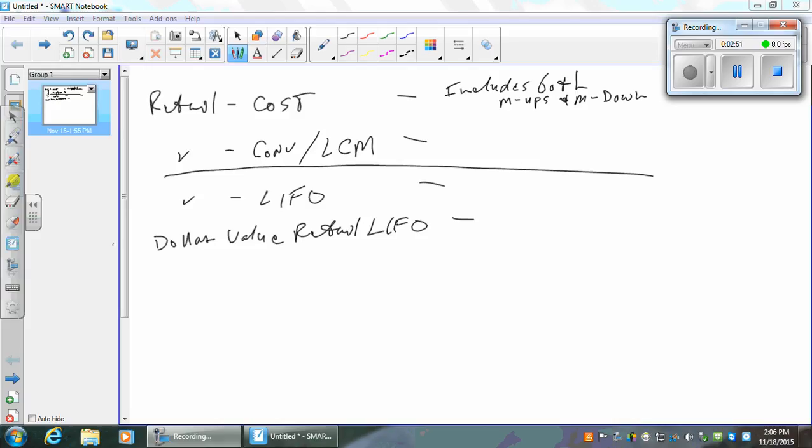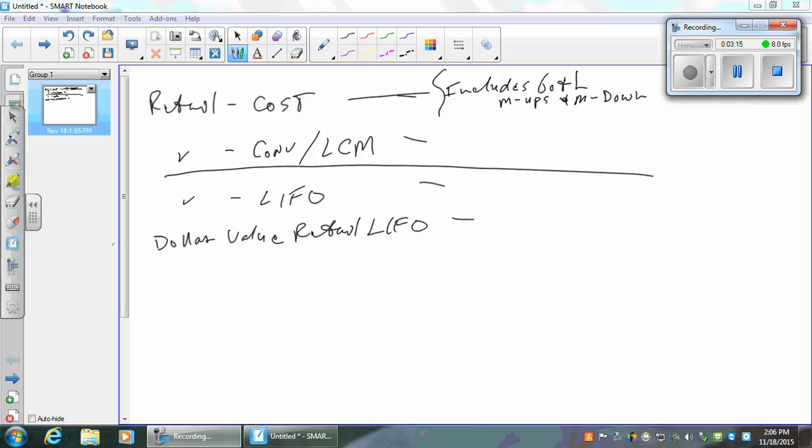Of course, you just net the two, right? In every problem they do that, so don't let that bother you. And then markdowns, I marked it down and then I canceled it, so I marked it back up again, right? So you always take the difference between the markups and the markup cancellations and the markdowns and the markdown cancellations. Do that before you calculate your ratios, okay? Then, so that's the first one, retail cost, okay?